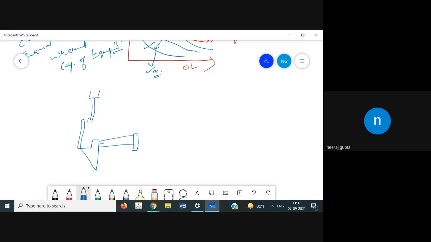Here we will have the bimetallic strip. It is made up of two metals. This is actually known as the relay contact. This is the bimetallic strip.